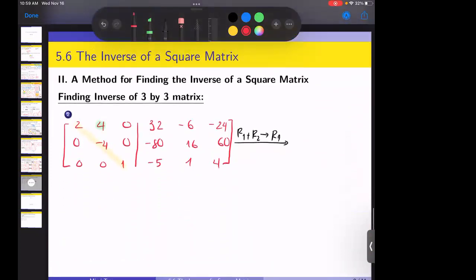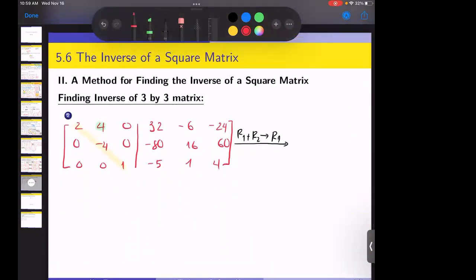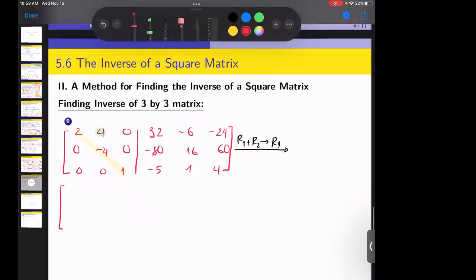So 2, 0, plus 2 is 2. -4 plus 4 is 0. 0 plus 0 is 0. -80 plus 32 is, what is that? -48, right? 16 plus -6 is 10.